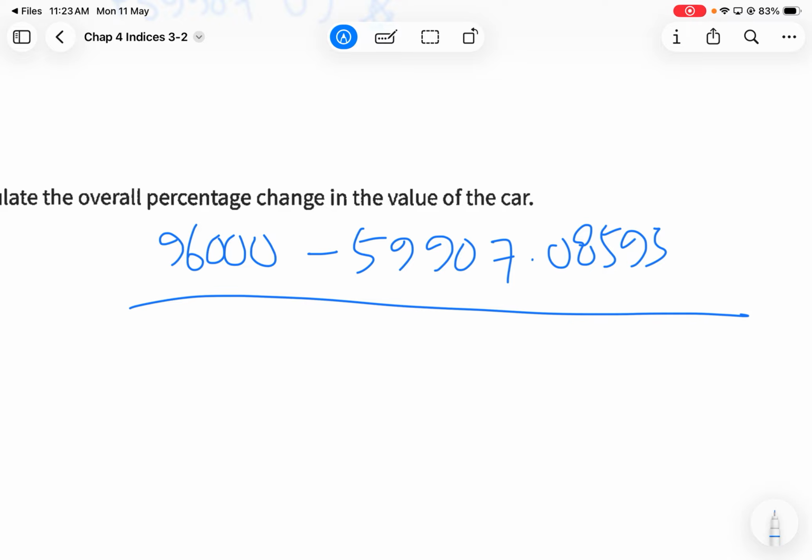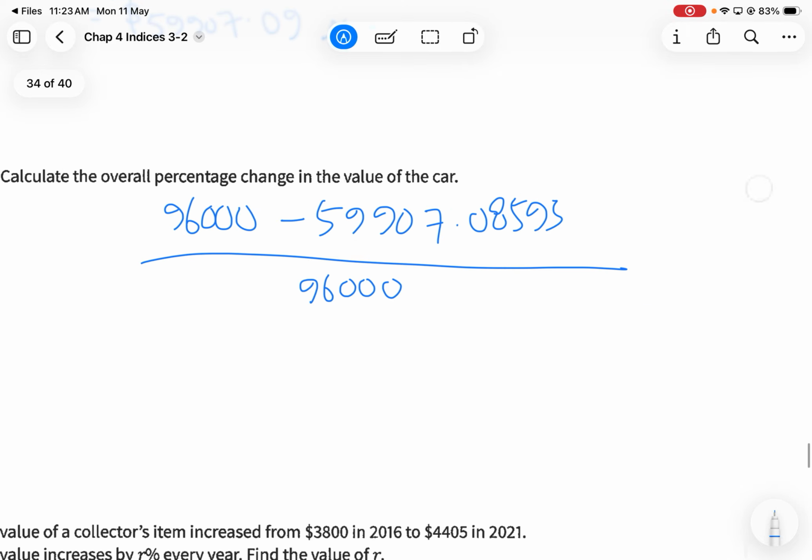Okay, we want to find the overall percentage change. So I must take the original amount minus the final amount. This is the amount of change. Then when I want to find it in percentage, I take the original amount minus the final amount, divided by the original, then multiply by 100%.